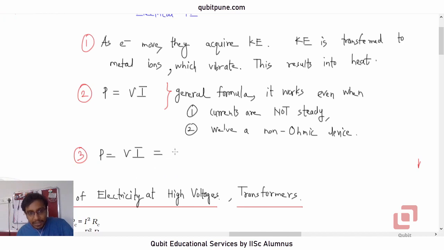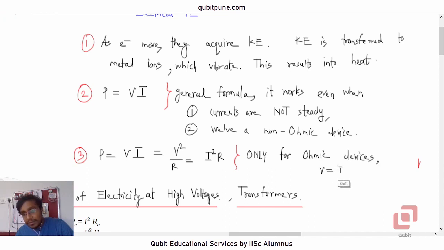We can get it as V squared by R or I squared R. This formula works only for ohmic devices, because here we are using the relationship V equal to IR. Therefore, I is V by R, so V by R into V is V squared by R, or V is equal to IR, so it will be IR into I, or I squared R. Please remember this.